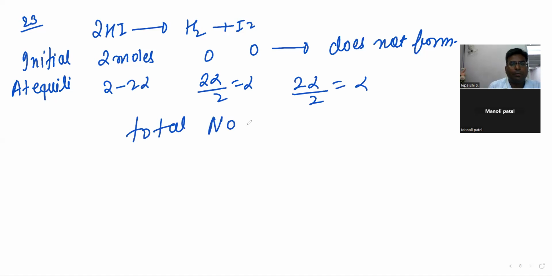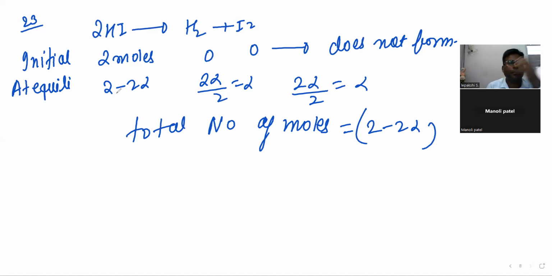So the total number of moles you can calculate easily. It is equal to 2 minus 2 alpha. No need to multiply, just write alpha, because the coefficient here is 2, that's why we have multiplied by 2. So it has reduced to 2 minus 2 alpha.